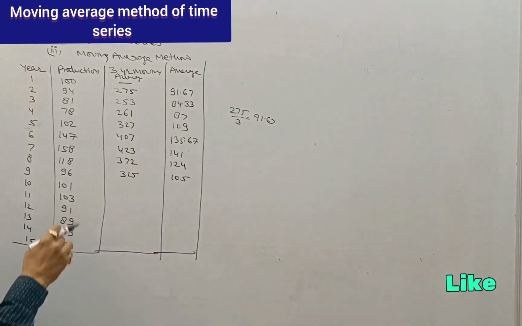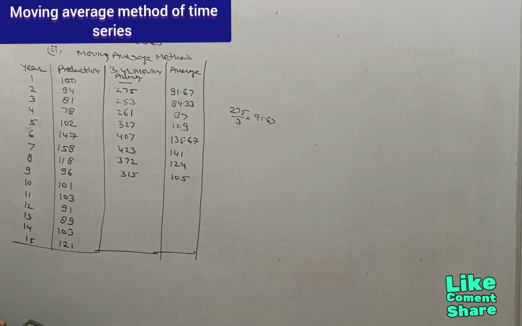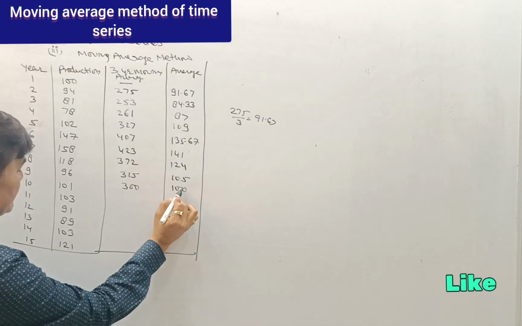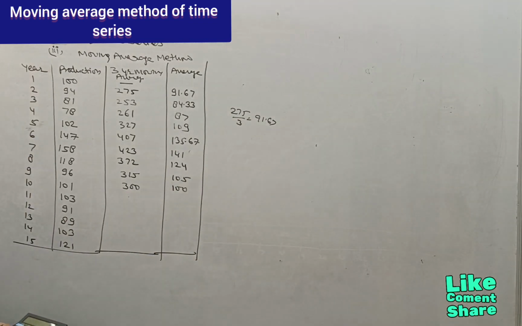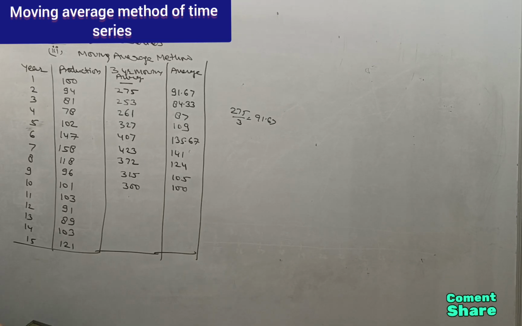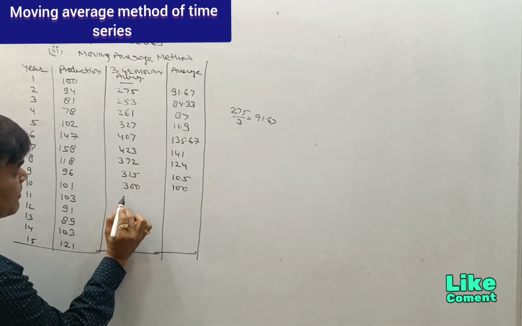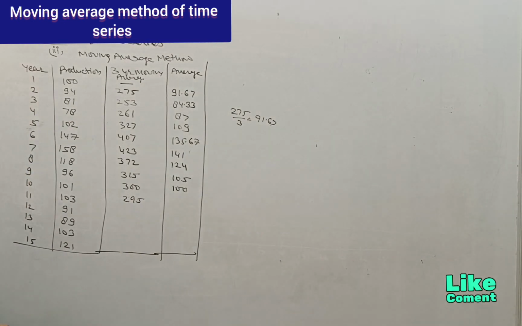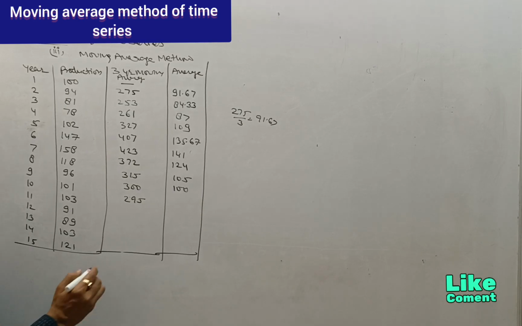Now 96 plus 101 plus 103, so 300. The moving average is 100. Now 101 plus 103 plus 91, that is 295. Divided by 3, 295 divided by 3 is 98.3.